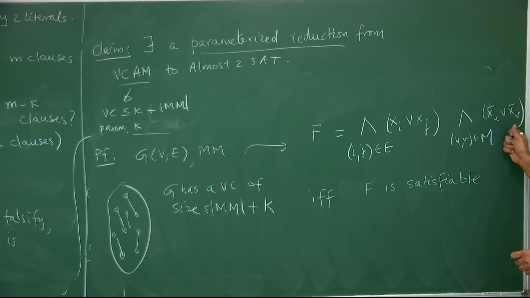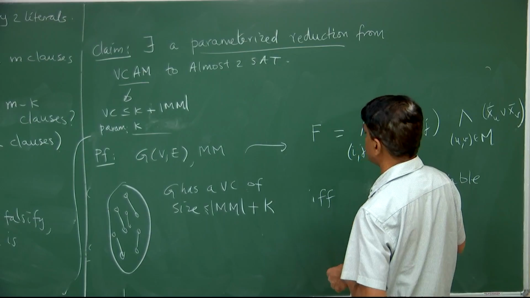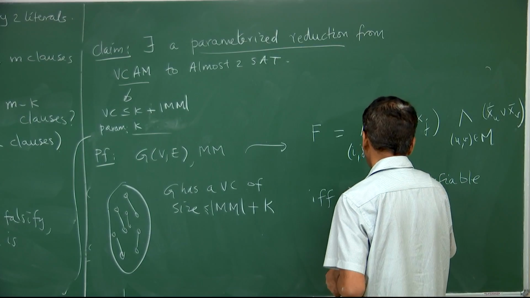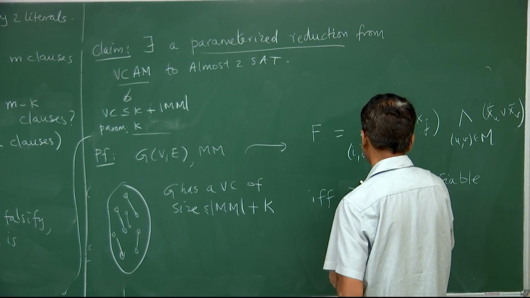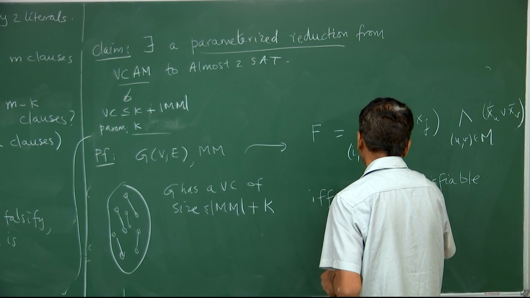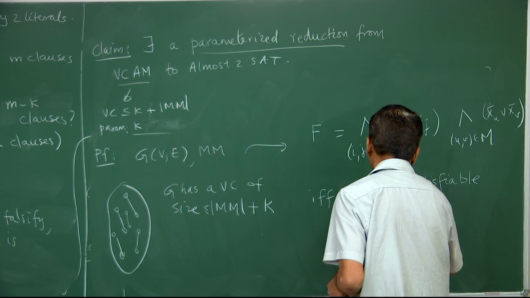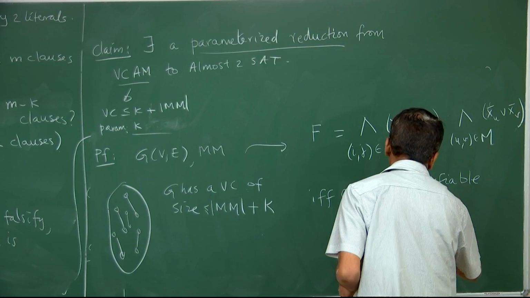Then I will violate those k clauses, because if you pick both endpoints, if and only if all but at most k clauses are satisfied.